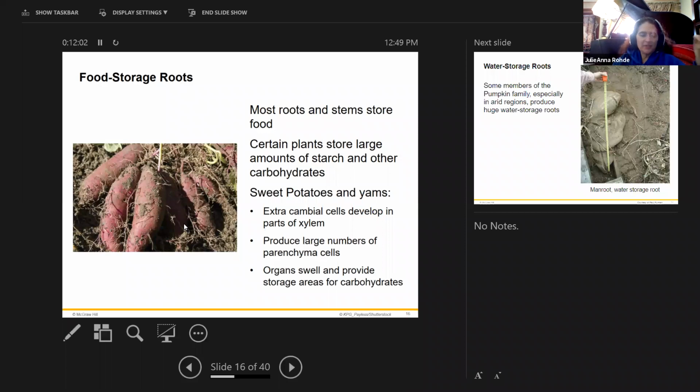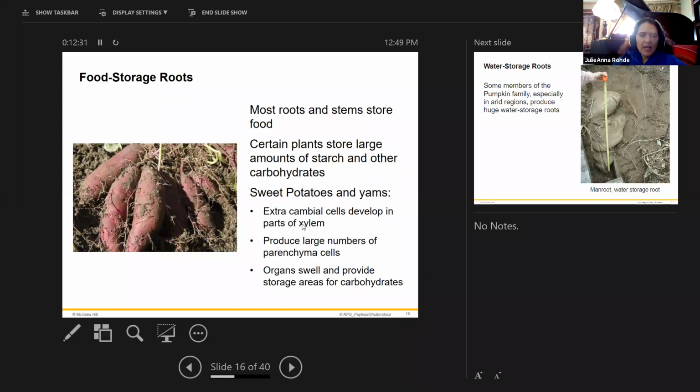Some plants have modified roots for food storage, but we don't eat those roots because they would be poisonous to us because of the components stored in there, or they just don't taste good. Different things there, but most roots and stems store food to some capacity, but some of them are really well developed for it. So what we have here is a picture of sweet potatoes or yams. If you're good at telling the two apart, you might be able to correct me on which one that is.